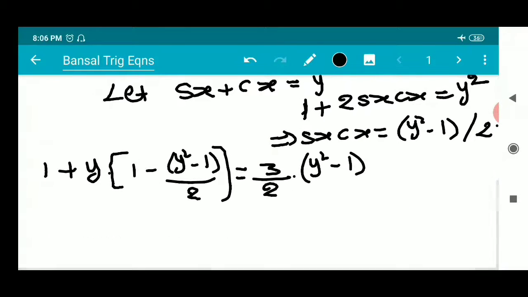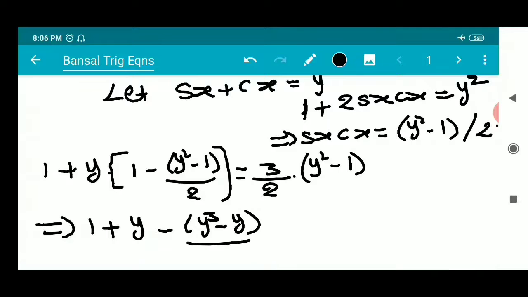Fine. So now try to simplify this one. 1 plus, I am multiplying inside by y, that is y minus (y cube minus y) by 2 is equal to 3y square minus 3 by 2.